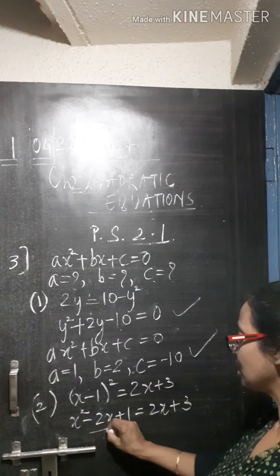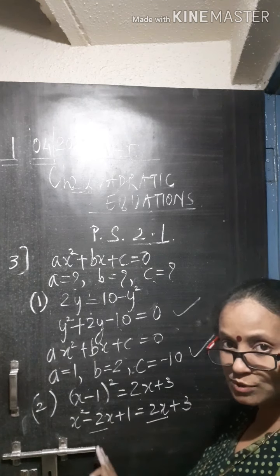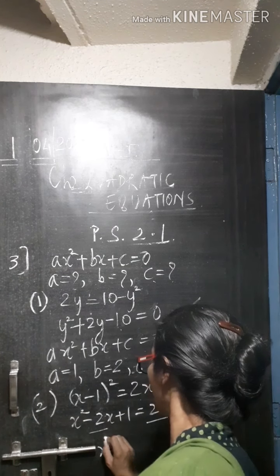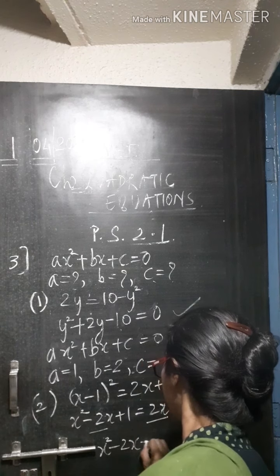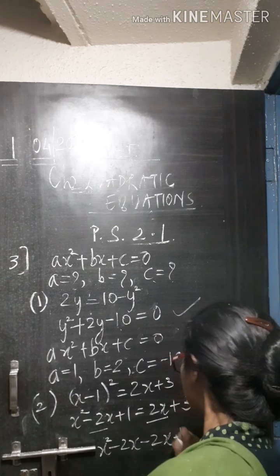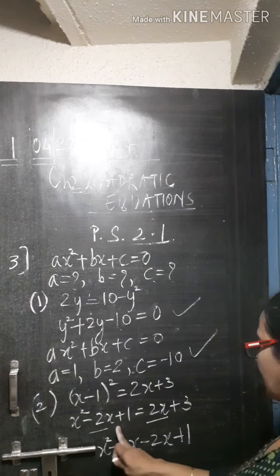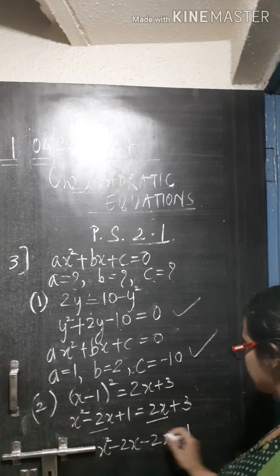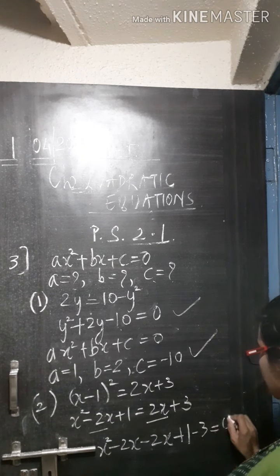Now I rearrange the like terms. I bring the like terms together. So what will happen? x square minus 2x plus 1 as it is. And 3 I am going to bring to the other side. It comes minus 3 equal to 0.